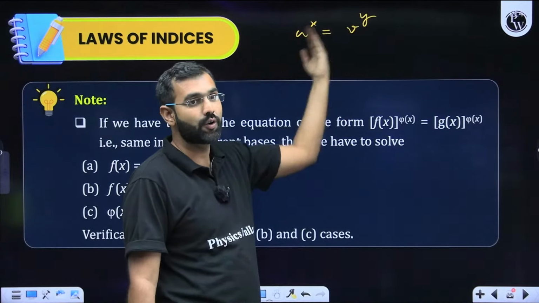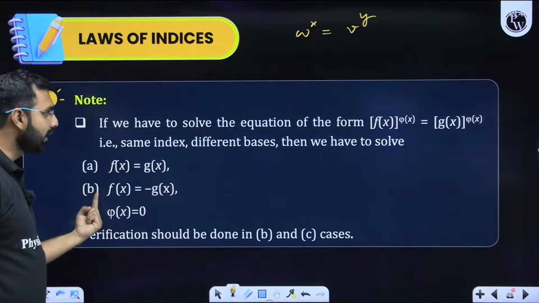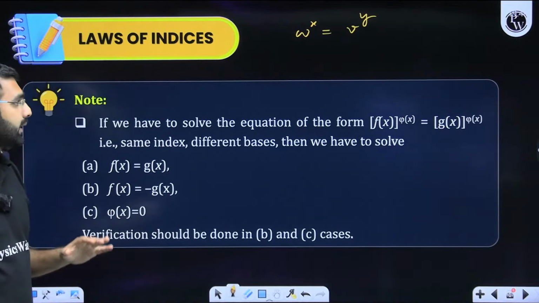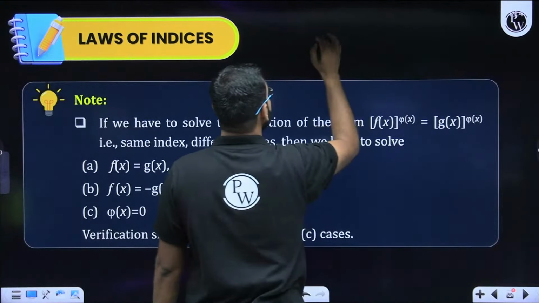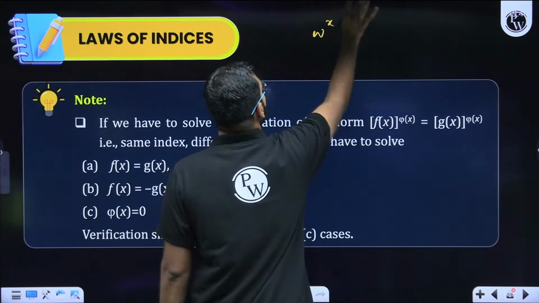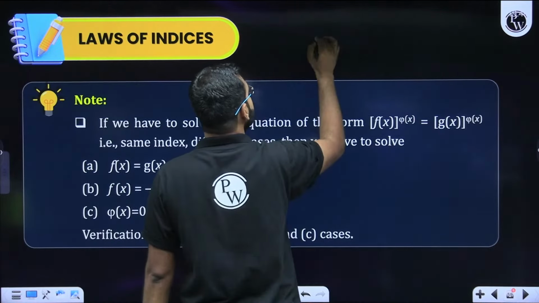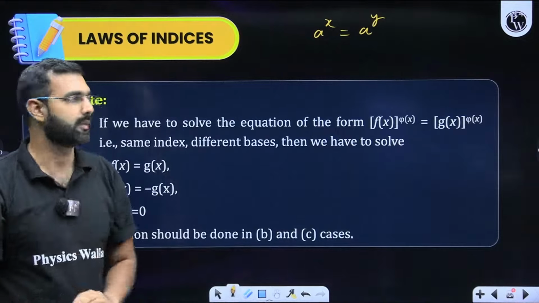Satyam, let's focus here. First possibility could be w and v could be equal. Second possibility, w could be equal to minus v. And the third possibility, here I'm taking only one variable in the power, so let's say a to the power x is equal to a to the power y. I hope that's a case which you have seen similarly. So there are 3 possibilities.